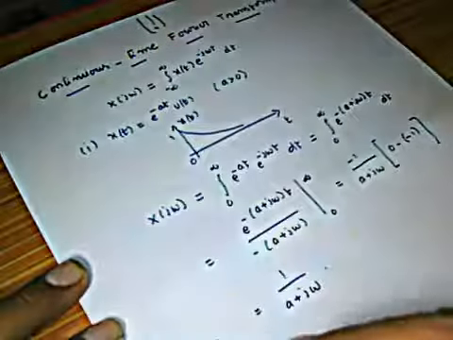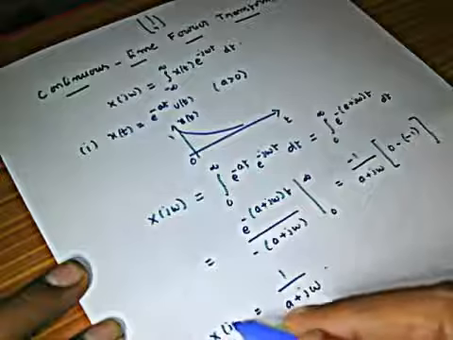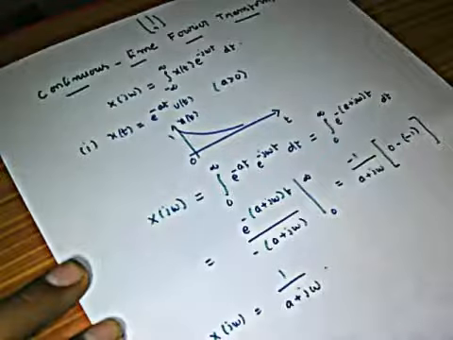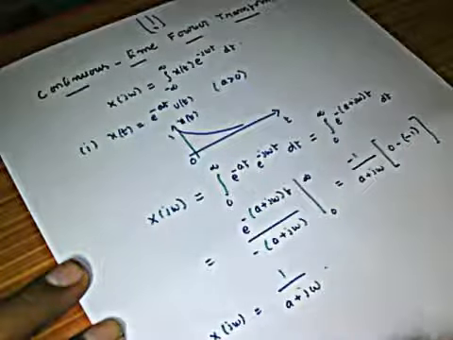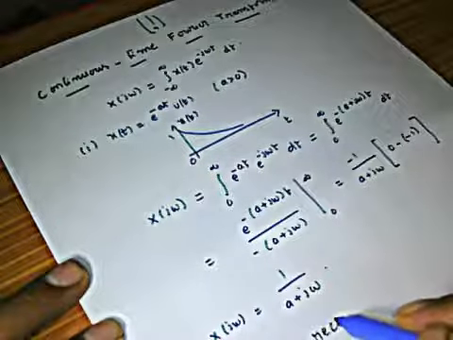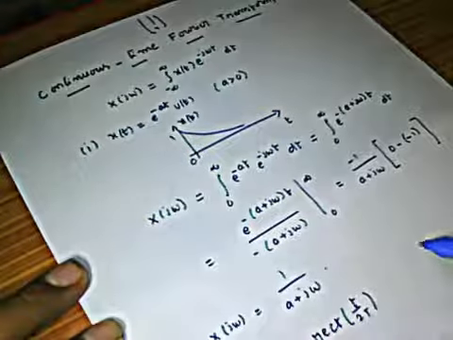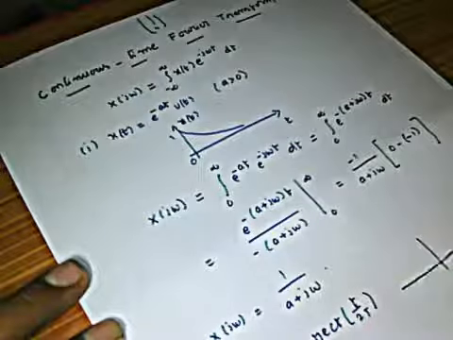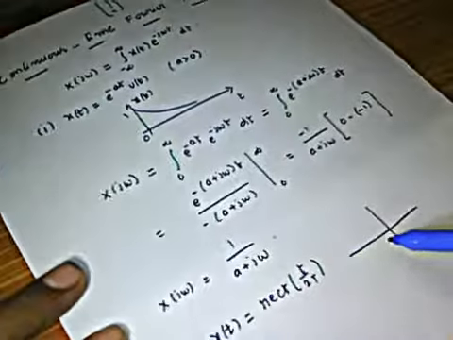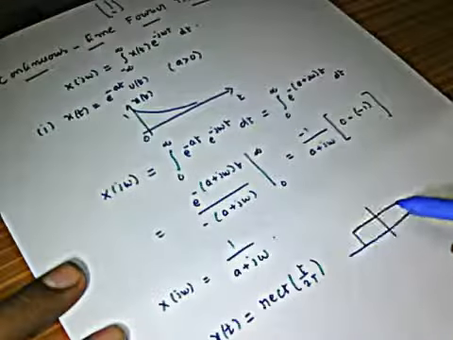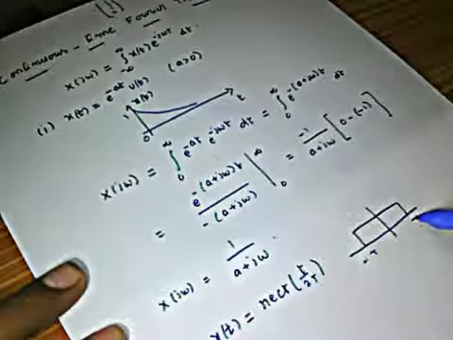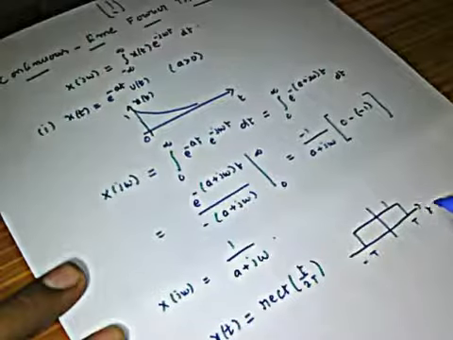Similarly, let us take one more example, that x of t is equal to rect of t by 2T. So it is a rectangle signal from minus T to capital T with amplitude of 1.